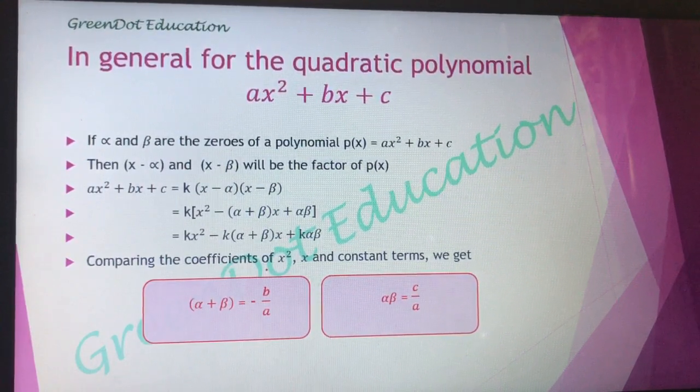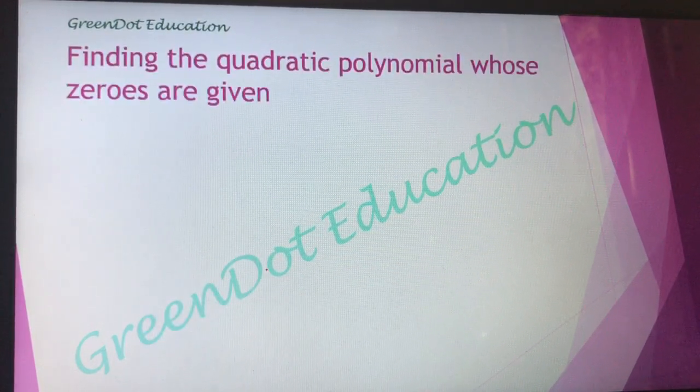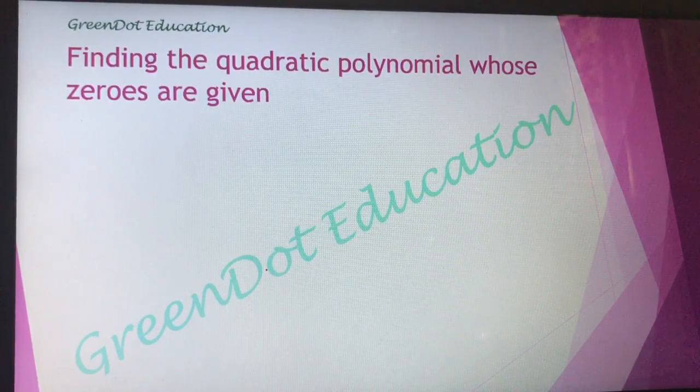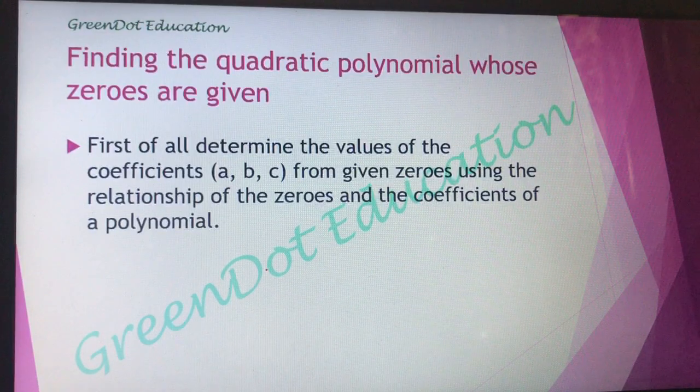Let's take an example and see to it. Now when we want to find or form a quadratic polynomial using the zeros which have been given in the question, we take two steps. In the first step, we determine the values of coefficients, that is a, b and c, from the given zeros using the relationship of zeros and coefficients of a polynomial.